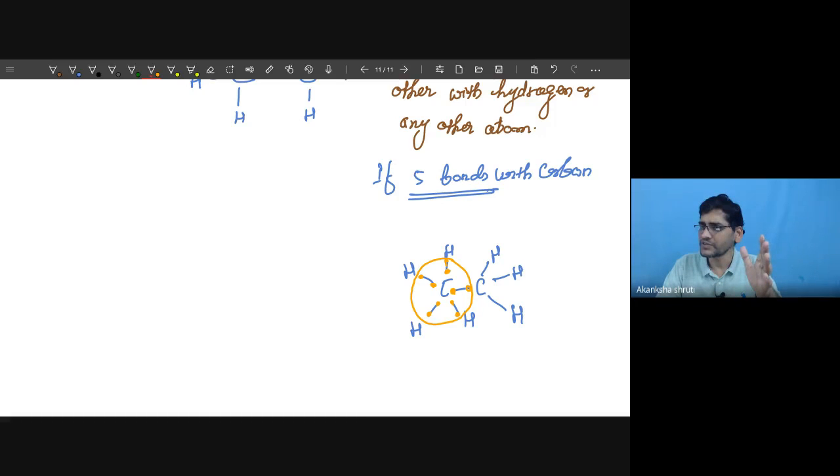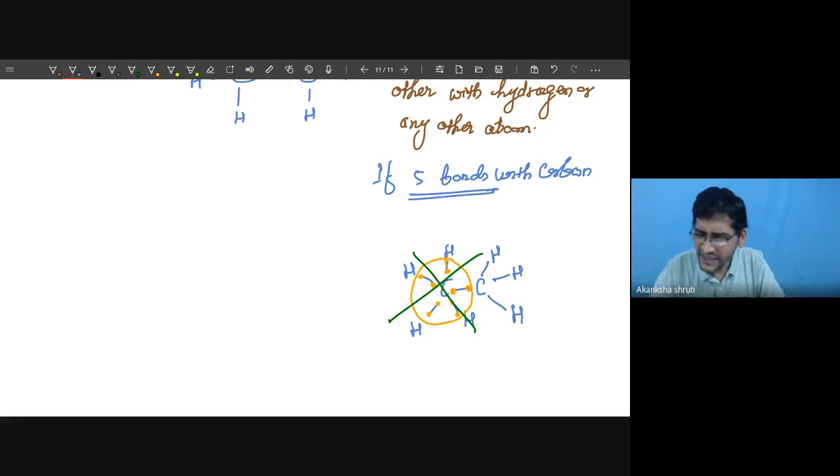No, it is not possible. Therefore, if 5 bonds are drawn, it is wrong. You need not draw a structure which contains more than 4 bonds for one carbon.